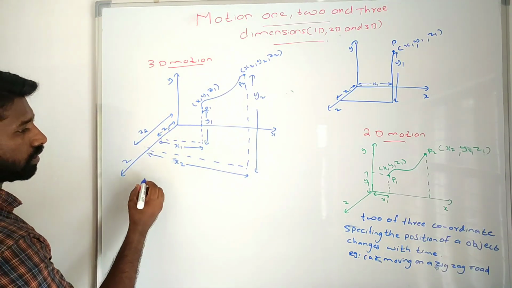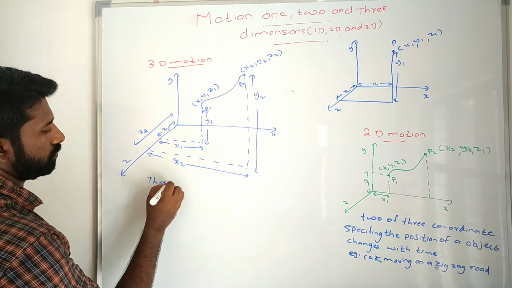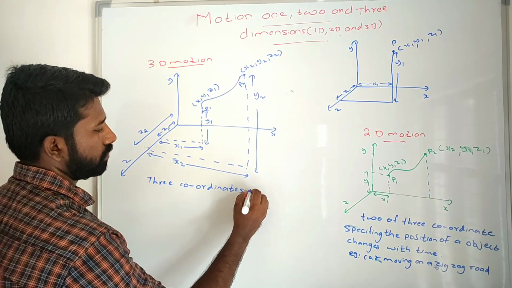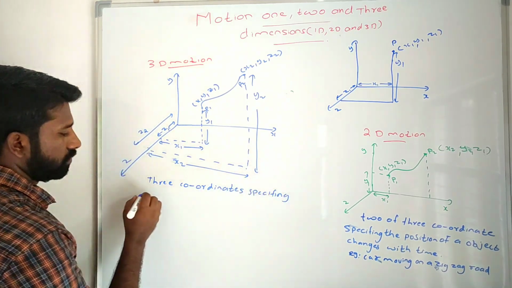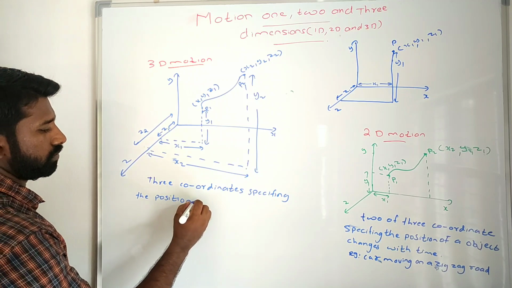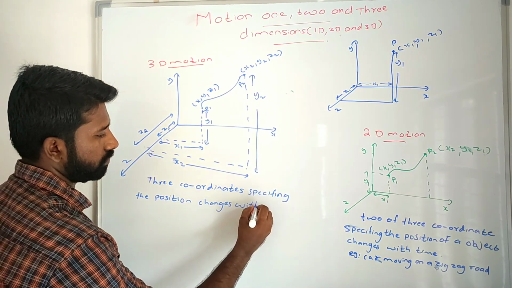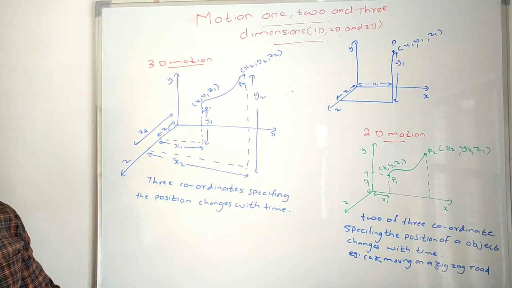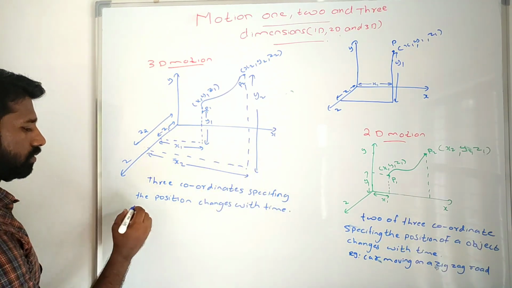So first we will write the condition for the 3D motion. Three coordinates specifying the position change with time. All three coordinates change.